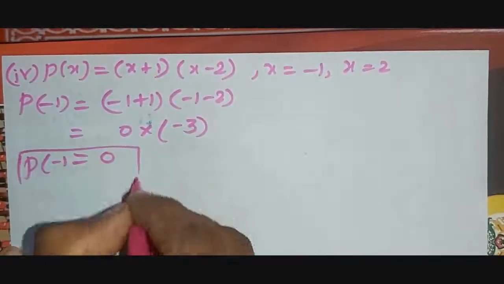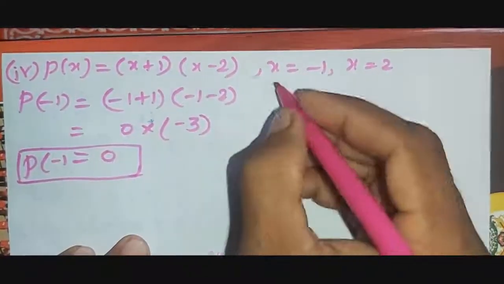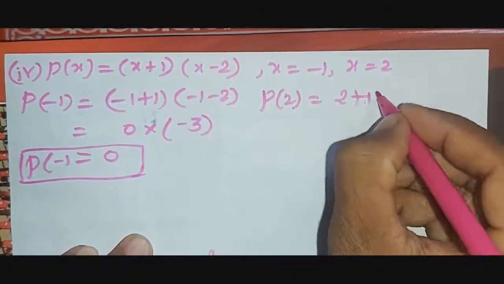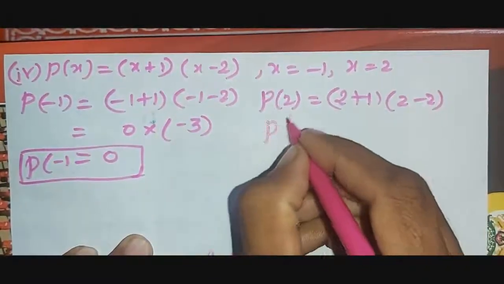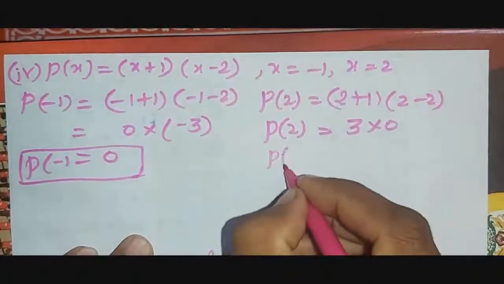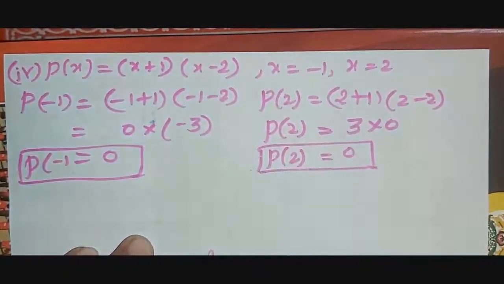Therefore it is a zero of the polynomial. And P of 2 is equal to 2 plus 1 into bracket 2 minus 2, which is 3 into 0, that is 0. Therefore this is also a zero of the polynomial.